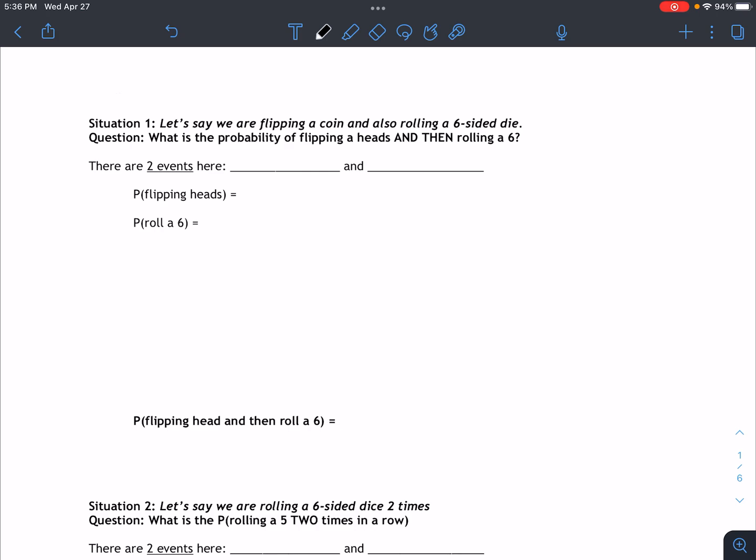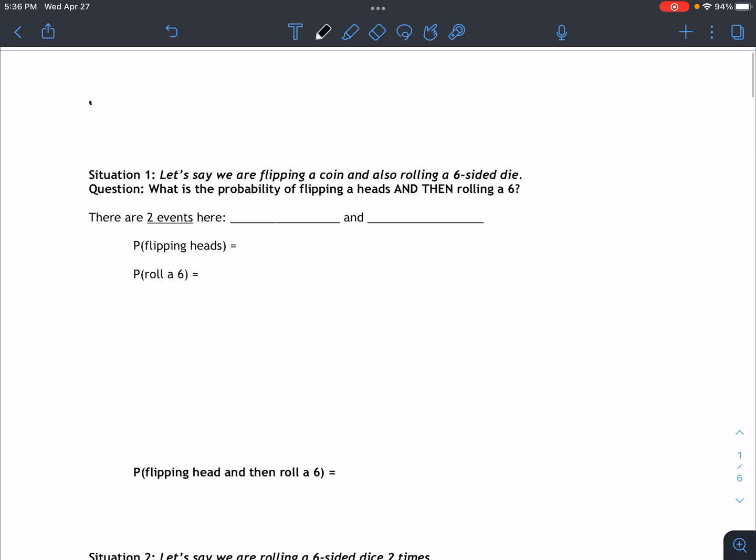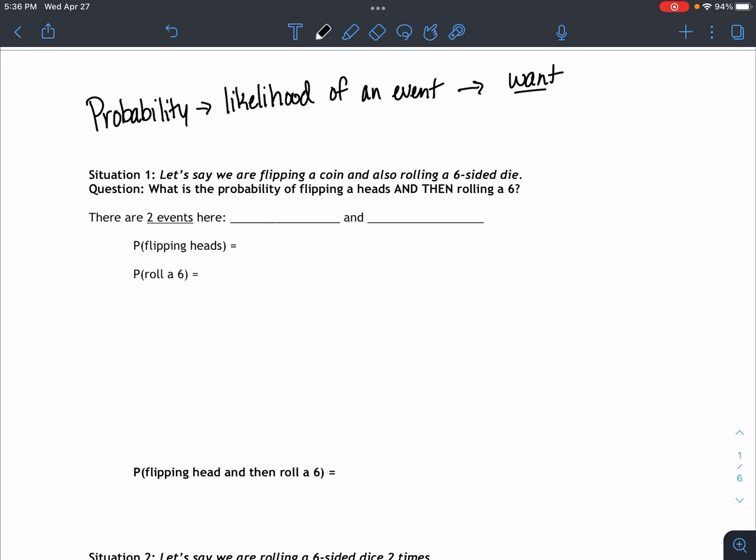So the first thing that we're going to talk about is the idea of probability. Probability is the likelihood of an event. Now we say event to mean just about anything. And when we're talking about probability, we use an equation of what we want divided by the total number of outcomes.